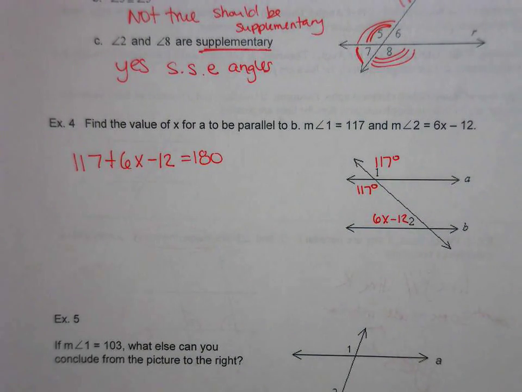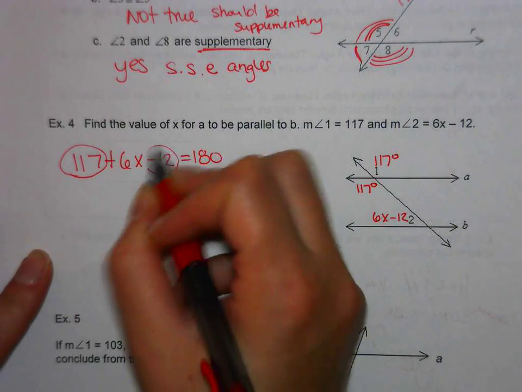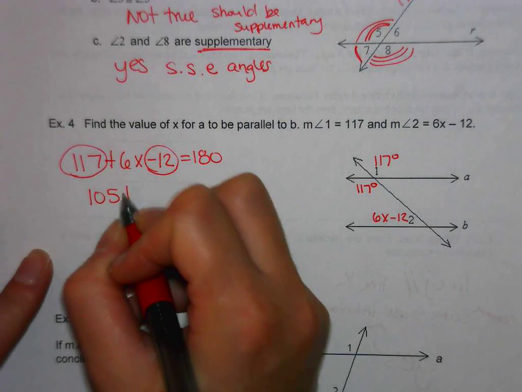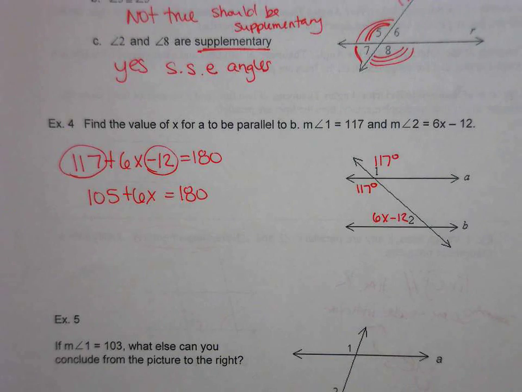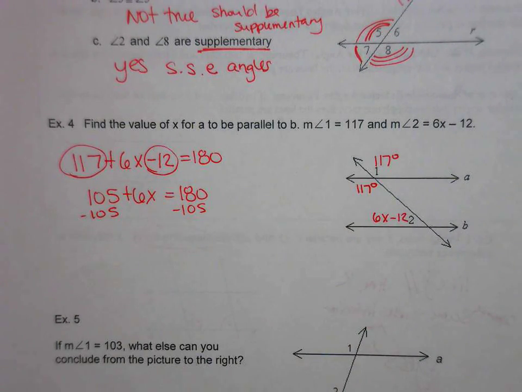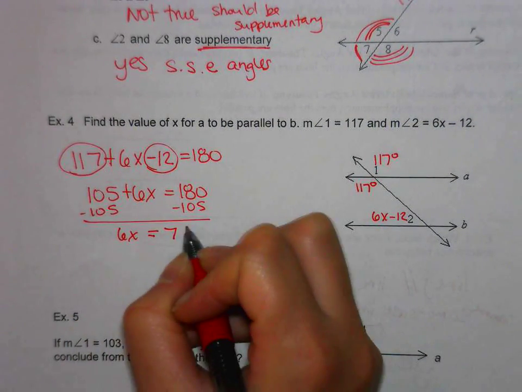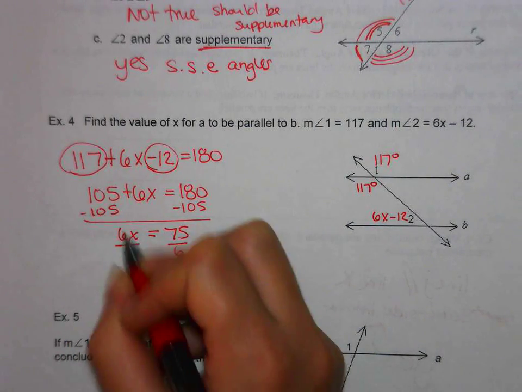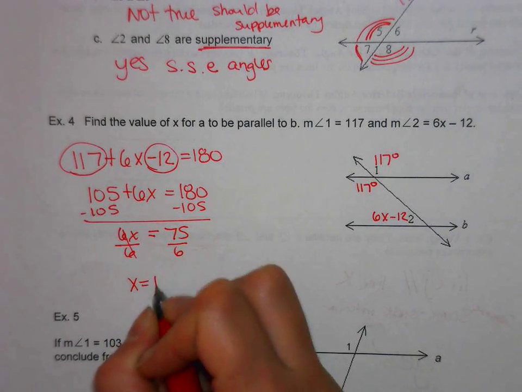So 117 minus 12, combining like terms, we get 105. 6x plus 105 equals 180. So we do 180 minus 105, sorry, and we get 6x equals 75. Divide both sides by 6, and we get that x equals 12 and 5/10.